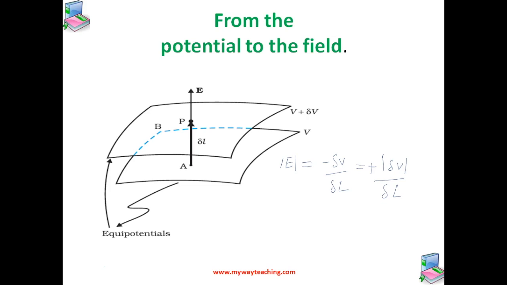And the second point is its magnitude is given by the change in the magnitude of potential per unit displacement normal to the equipotential surface at that point. As we can see in this equation, the electric field magnitude is given by the change in magnitude of the potential per unit displacement, which is normal to the equipotential surface at that point.